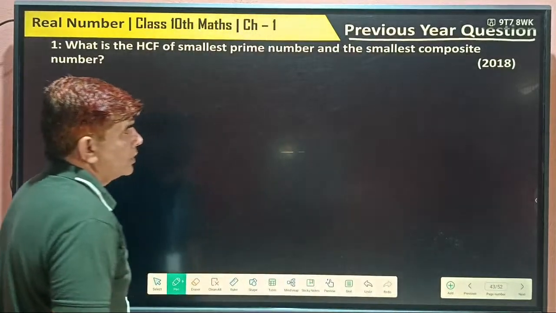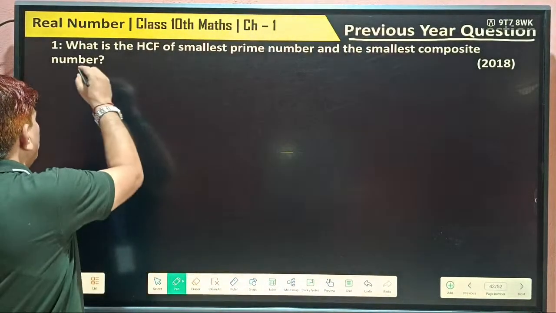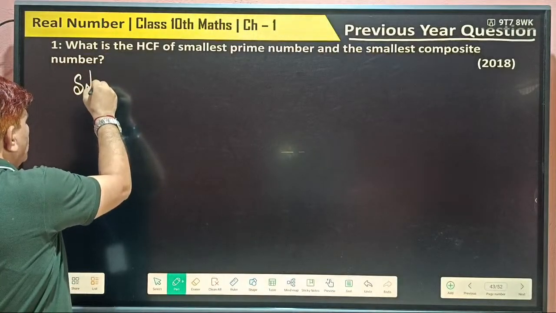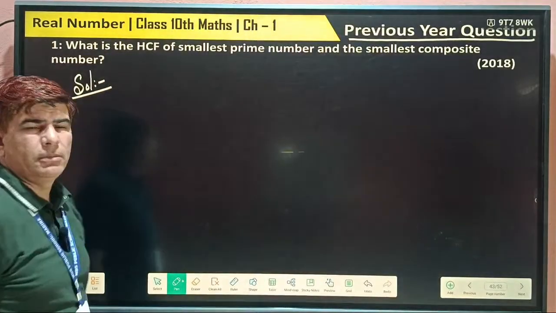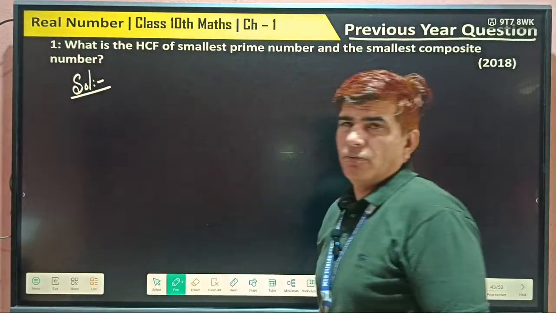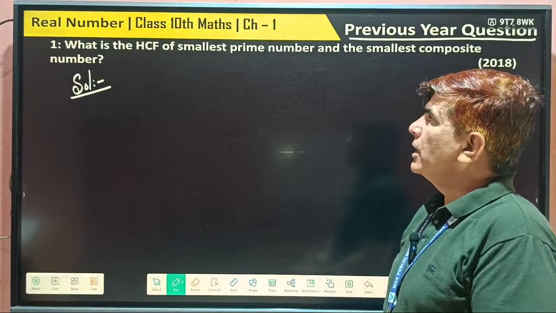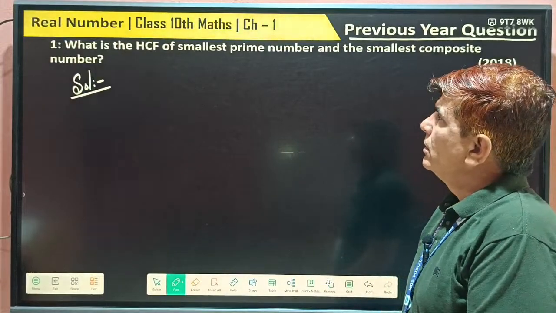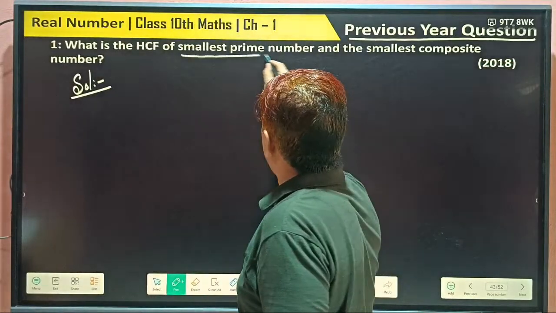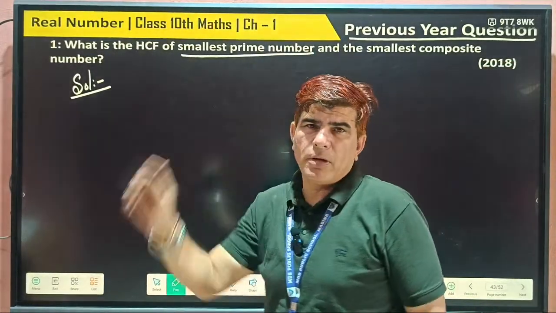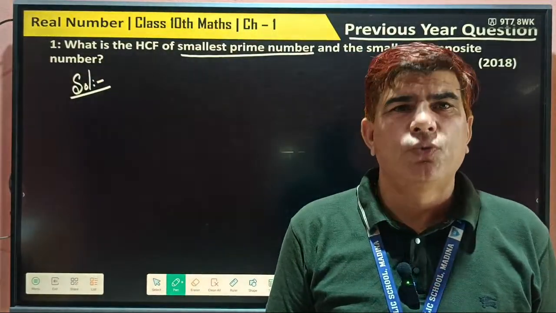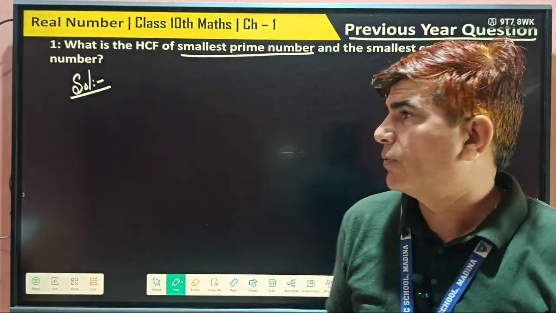This was given, I think solved yesterday or the day before yesterday in multiple choice questions. What's the question? What is the HCF, highest common factor, of the smallest prime number? Prime numbers are those numbers having only two factors, one and itself.